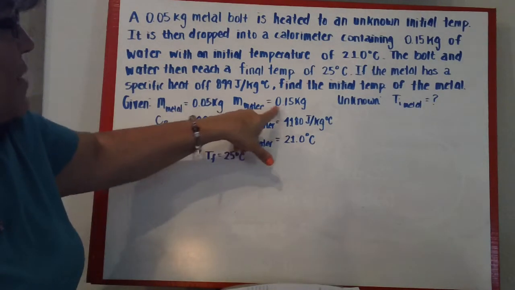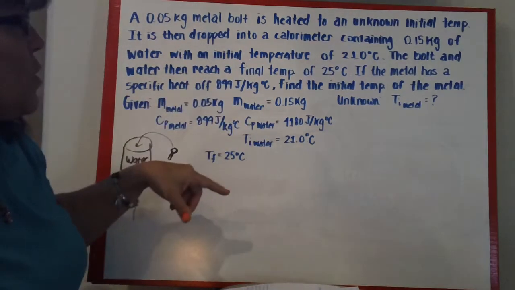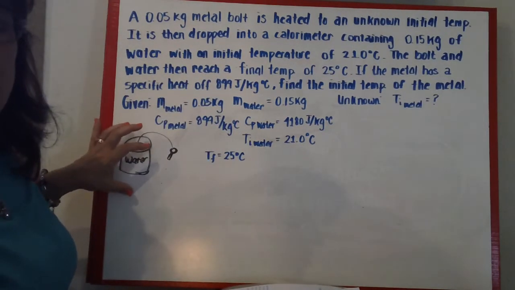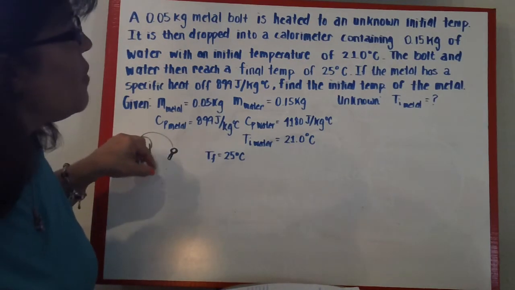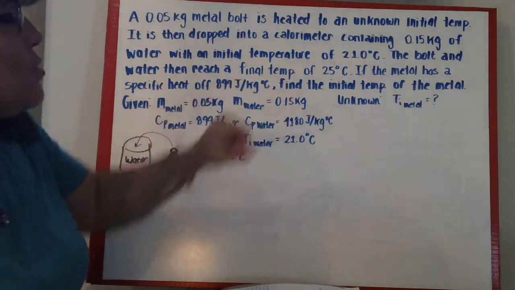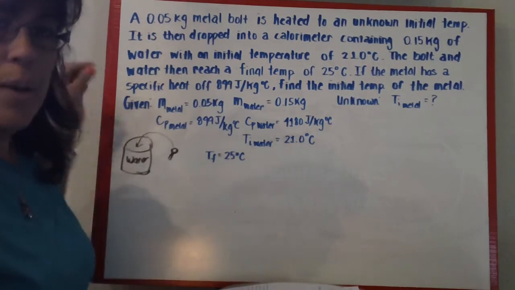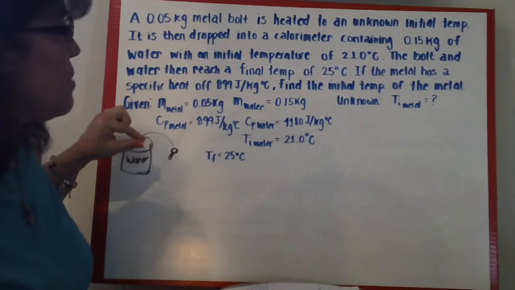So we know the mass of the water, 0.15 kilograms, with an initial temperature of 21. We've measured the water by putting it on a scale, and we also put a thermometer in and measure the temperature of the water. The bolt and the water then reach a final temperature of 25 degrees Celsius. So I put the thermometer in there, and when it stops moving up, I know that's our final temperature.